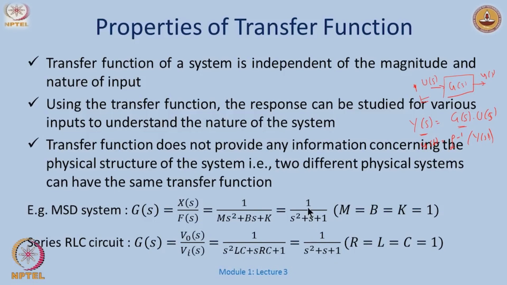So, these are the same transfer functions for two different systems. Therefore, if I just say 1 over s² plus s plus 1, it could mean more than one system. Physically, I could realize it as a mechanical system or even as an electrical system.